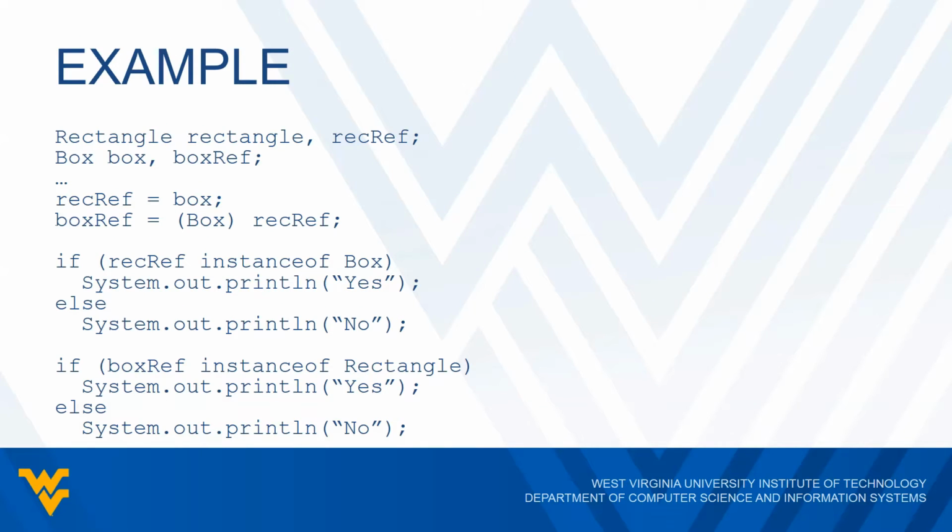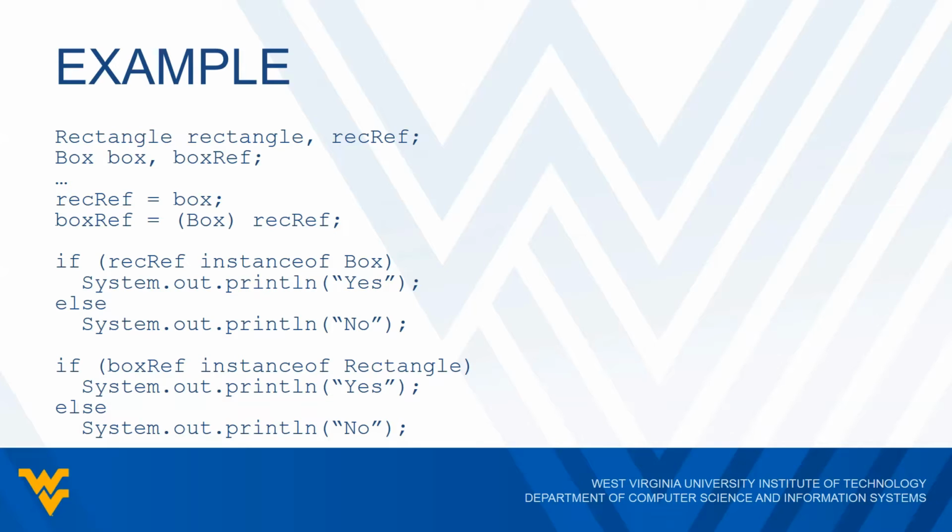Let's take a look at an example using our Rectangle and Box classes. Here we have rectangle and recRef being reference variables of type Rectangle, and we have box and boxRef being reference variables of type Box. Somewhere along the lines, both rectangle and box would be instantiated, so objects of Rectangle and Box classes would be stored in rectangle and box respectively.